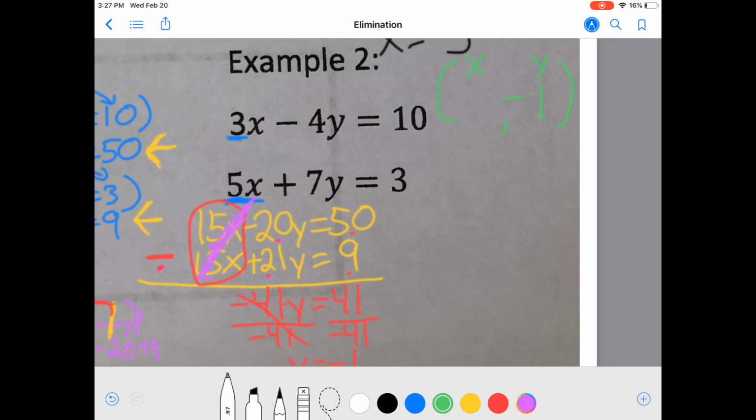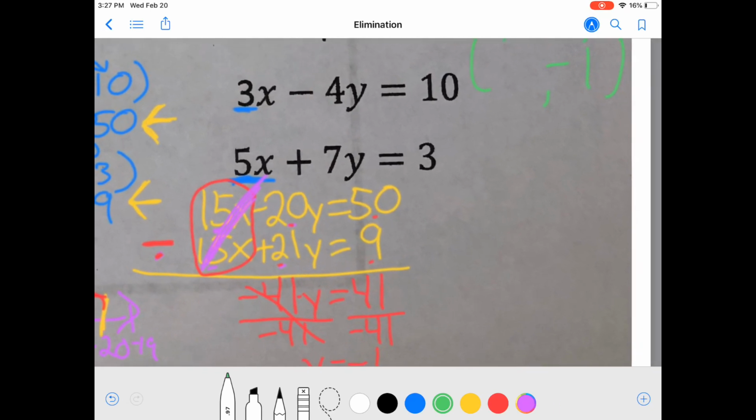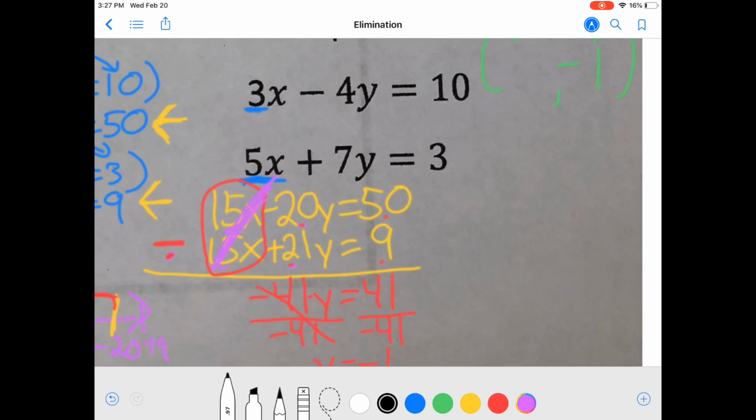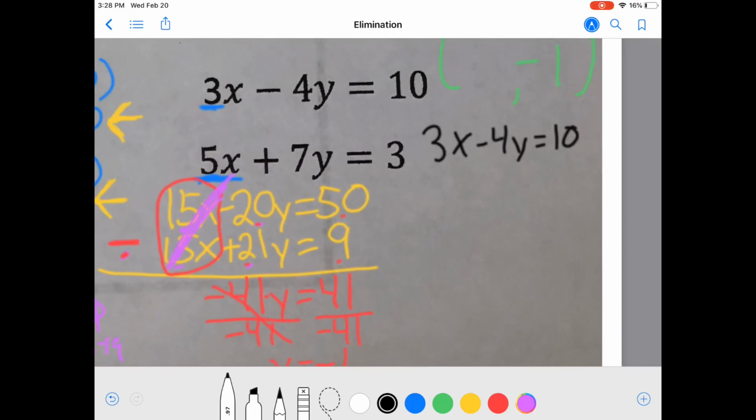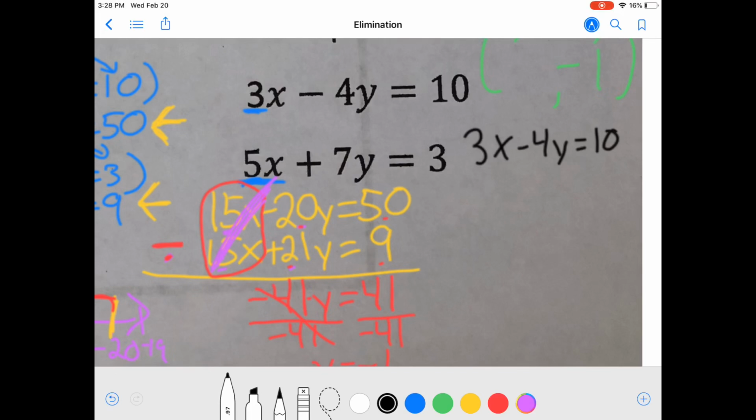We're going to select one of our equations, it doesn't matter which one, to substitute that y in. So we've got 3x minus 4y equals 10. Instead of y, we have negative 1. So 3x minus 4 times negative 1 equals 10.